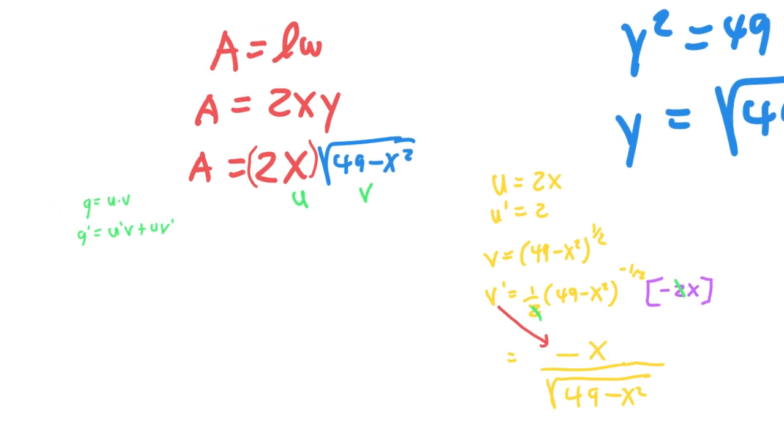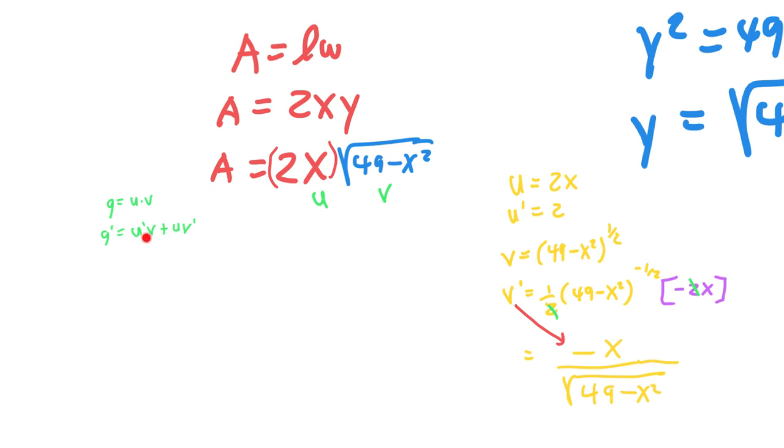Okay, so now we're ready to adhere to this structure. Okay, so let's say a prime is equal to, it's going to be u prime. Well, we already know what u prime is. It's 2. It's going to be equal to 2 times whatever v was. V was this thing. I'll leave it in square root form, however.